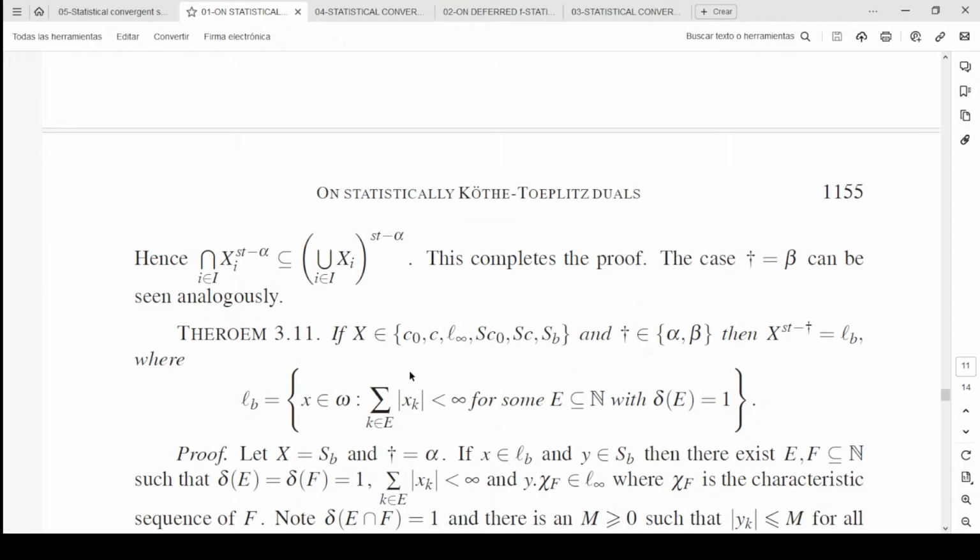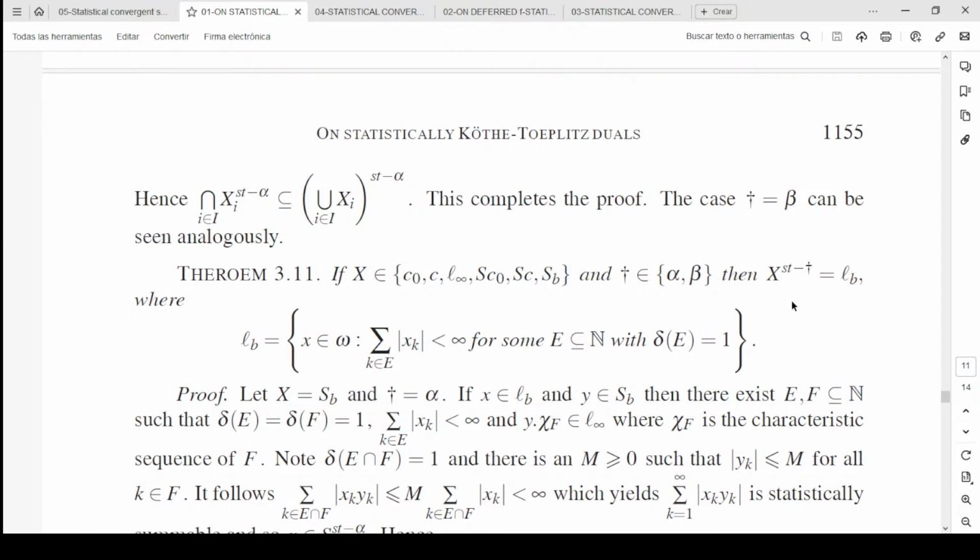In this theorem we compute the statistical duals of some well-known spaces which include c naught, c, l infinity, sc naught, sc, sb, respectively: the space of all null sequences, the space of all convergent sequences, the space of all bounded sequences, the space of all statistically convergent sequences with zero limit, the space of all statistically convergent sequences, and the space of all statistically bounded sequences.